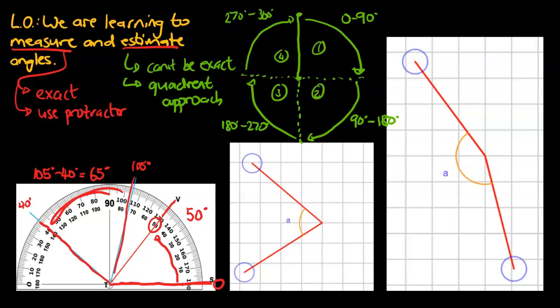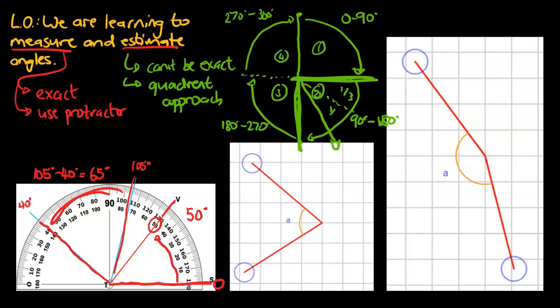Once you've identified it, let's say our line's coming out in this direction here. We know it's somewhere between here. We're now going to focus in on the quadrant of interest. As a fraction, how much does that go through? If I drew another line this way, that looks to be thirds.